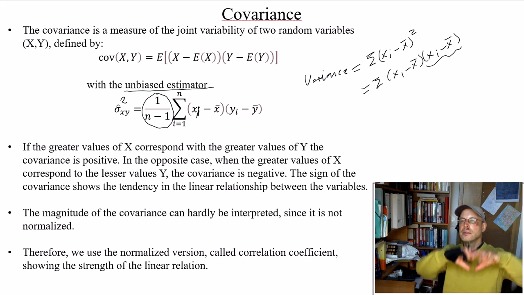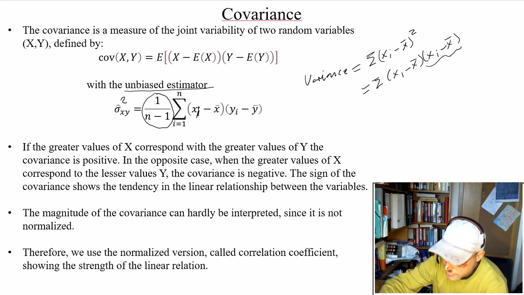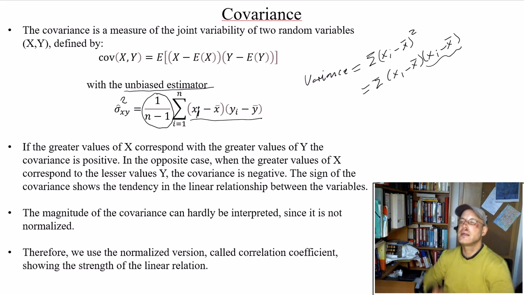Well, so this would be a measure for the spread of x with respect to x bar and y with respect to y bar. But then this would be just some number, and this number is hard to interpret.